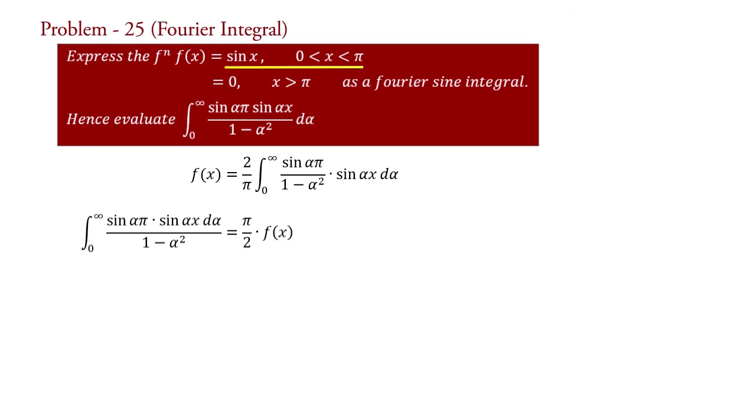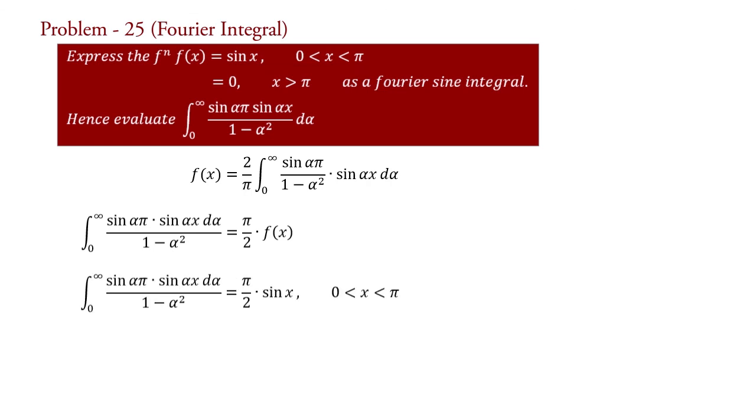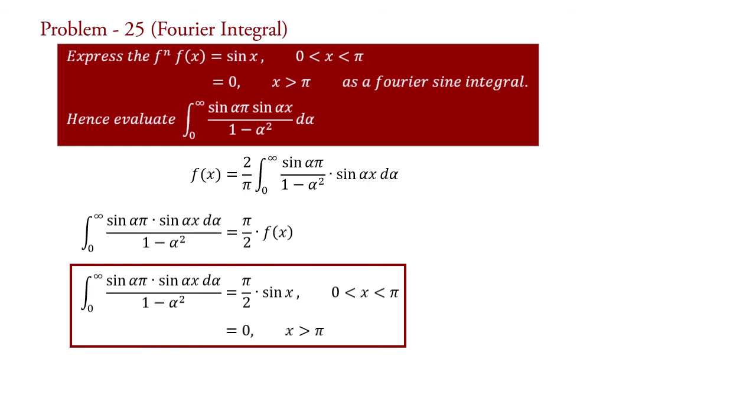In the region 0 less than x less than pi, f of x equal to sine x. Therefore, this integral equal to pi by 2 into sine x for 0 less than x less than pi. And in the region x greater than pi, f of x equal to 0. Therefore, this integral equal to 0 for x greater than pi. This is the required result.